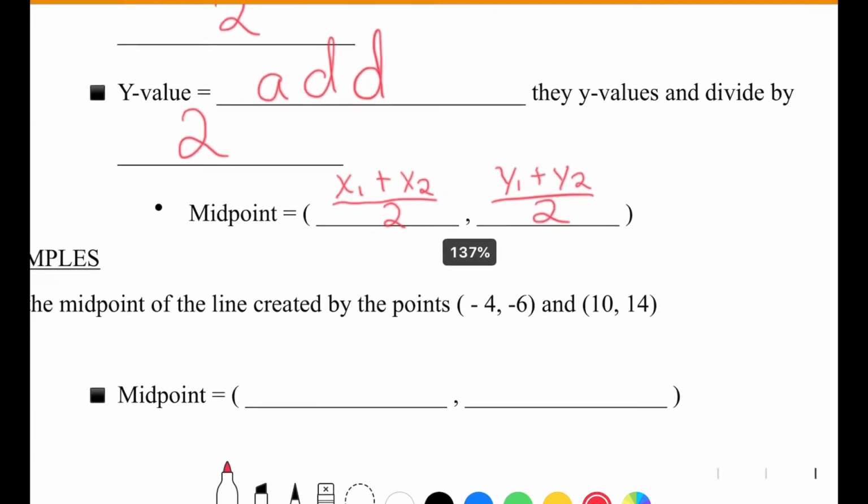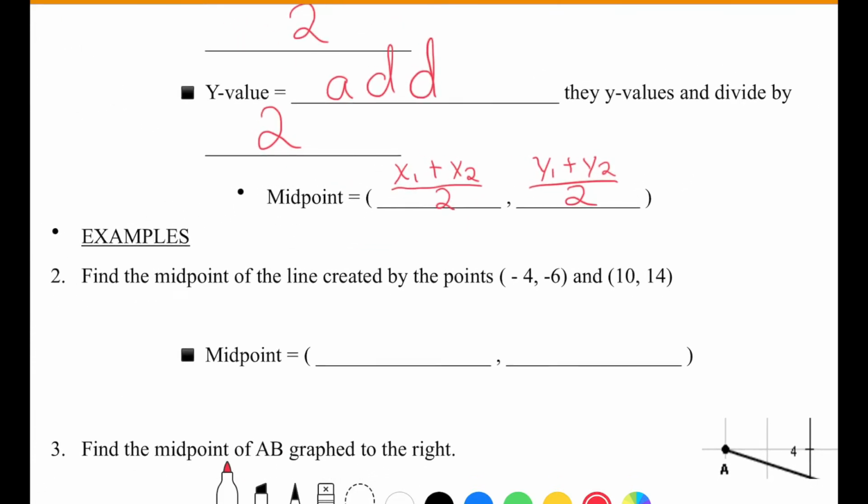So if we were given example 1, find the midpoint, and I know it says 2 but it should be 1. If you were given the points -4, -6, and 10, 14, what would be the midpoint? So this is your first x value, this is your first y value, second x value, second y value.